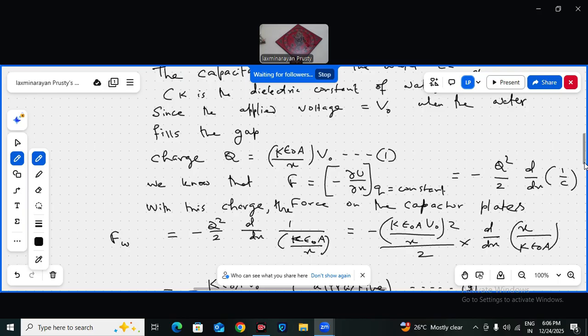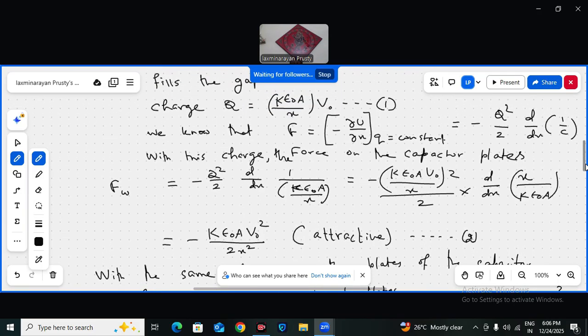Now find out the force on the capacitor plate on which this charge Q is present. FW means the force on the capacitor plate when the dielectric is water.